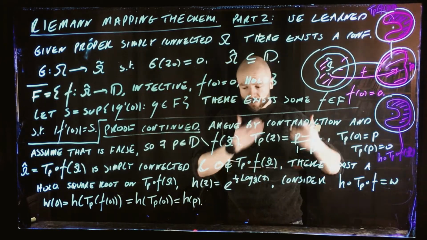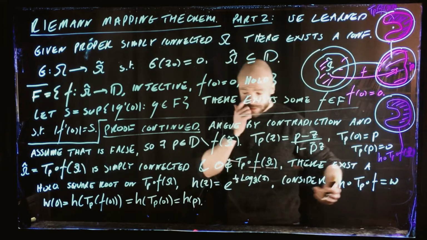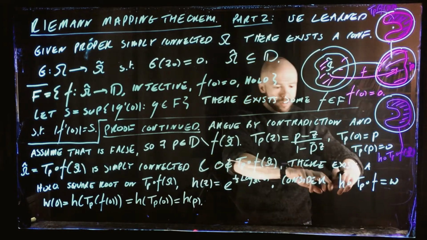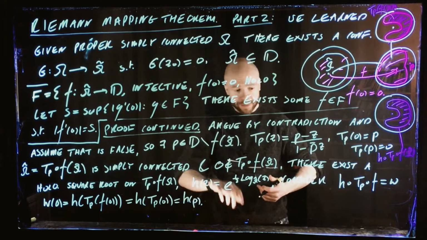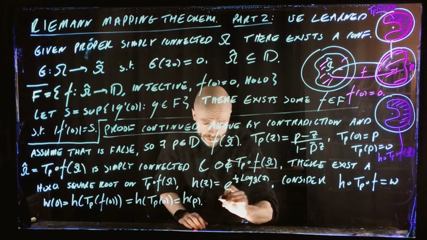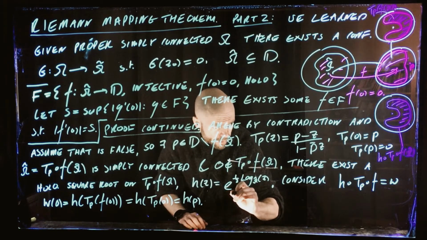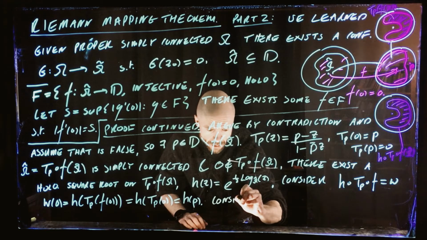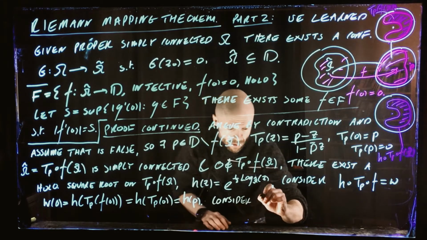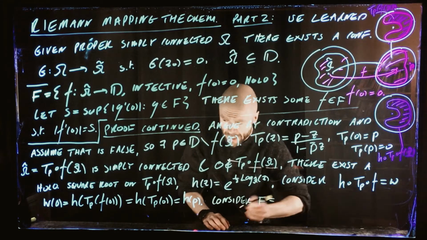So the final thing we want to do is we want to compose this thing with a mapping that sends this guy to 0. So consider the following. Let's define F to be this thing.